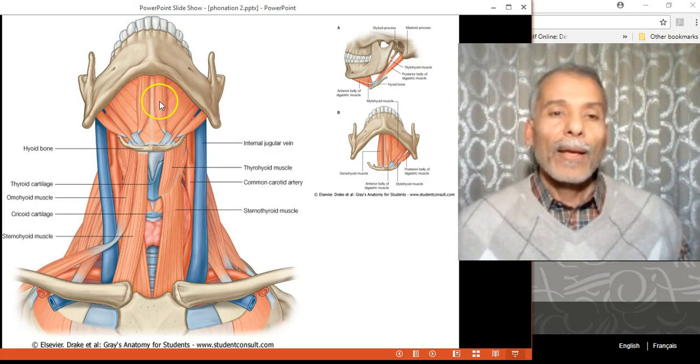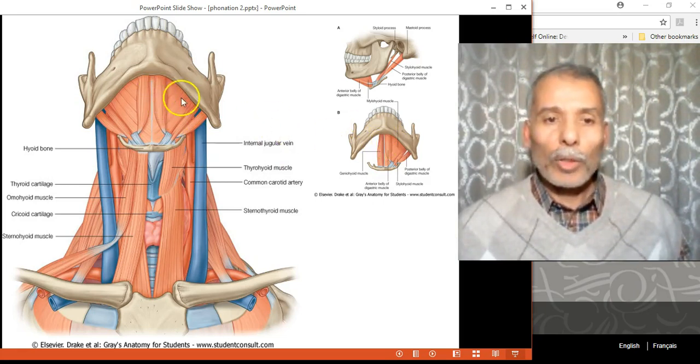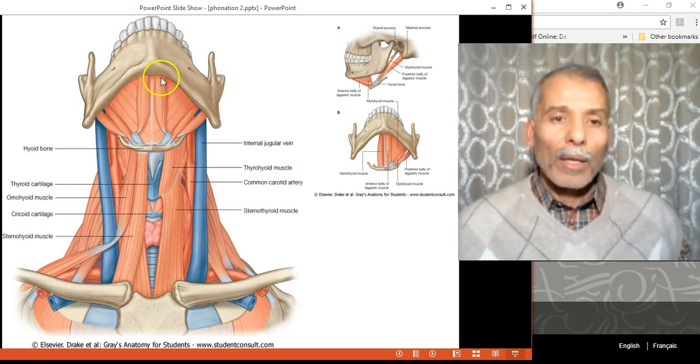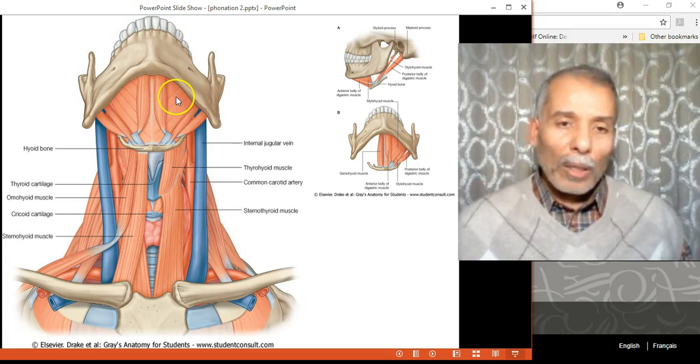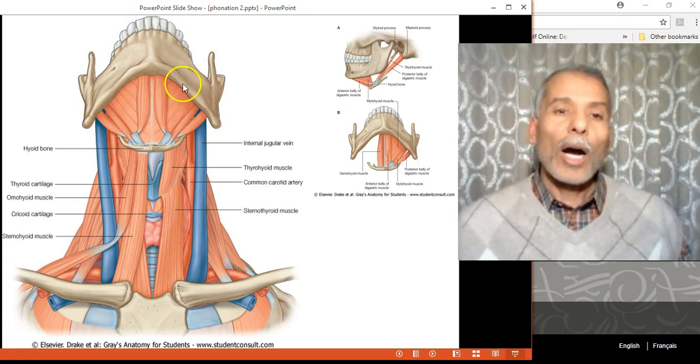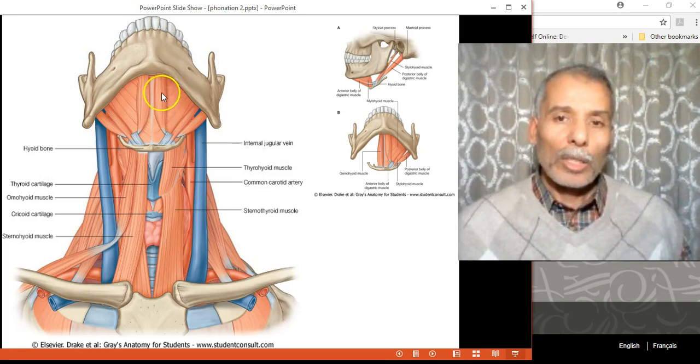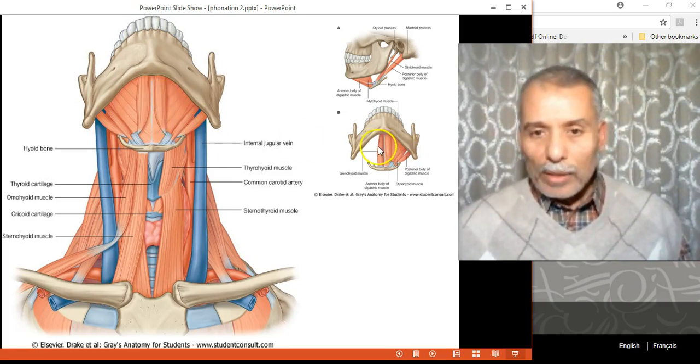In order to view it, you have to peel the anterior belly of the digastric, and you have to peel the mylohyoid, and then you will see this muscle here.